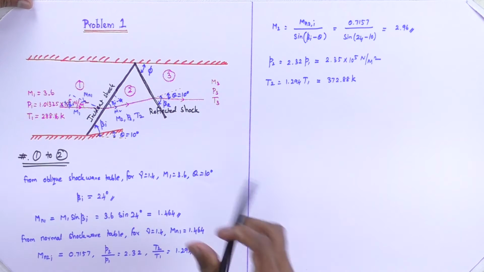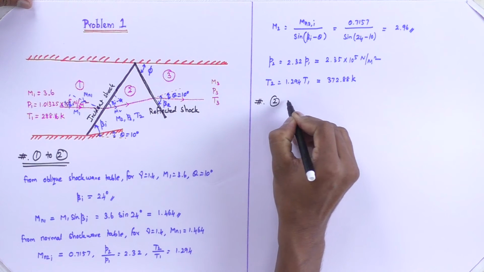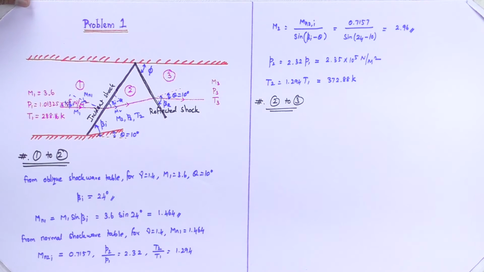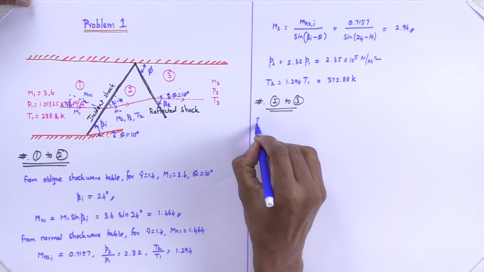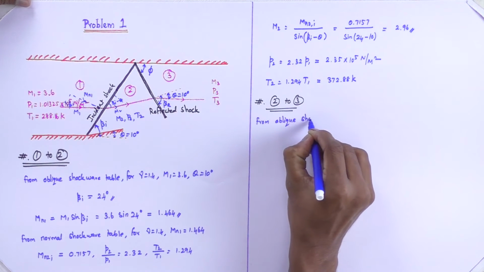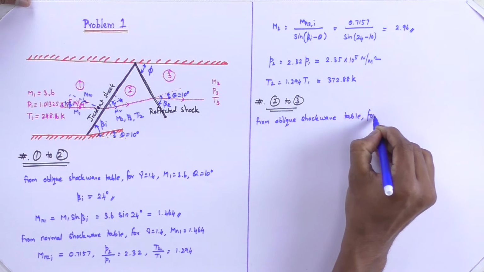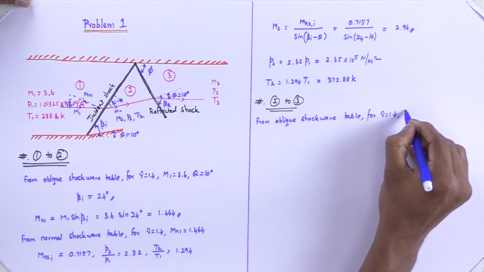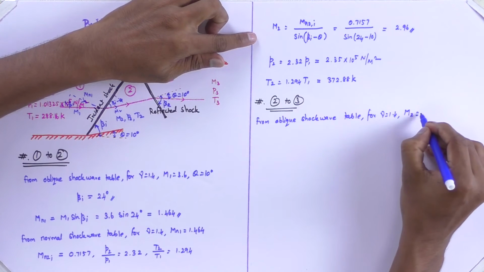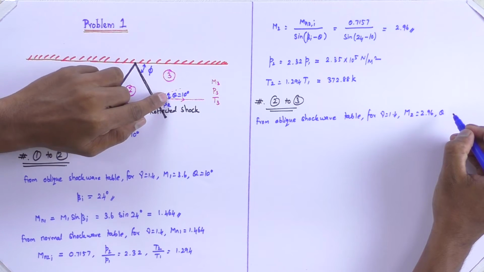Now let us solve the flow from 2 to 3. Again we have to follow the same procedure. From the oblique shock wave table, for gamma is equal to 1.4, M2 is equal to 2.96 and theta is equal to 10 degree, the same flow deflection angle.